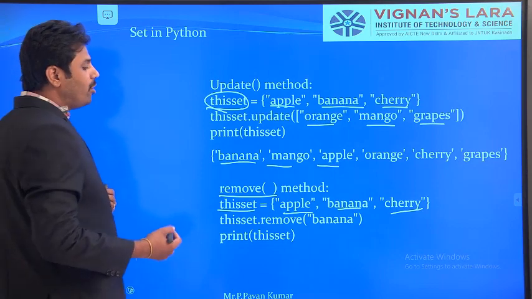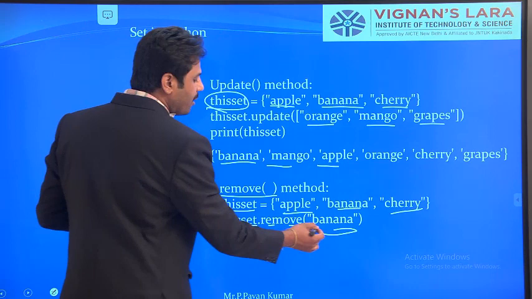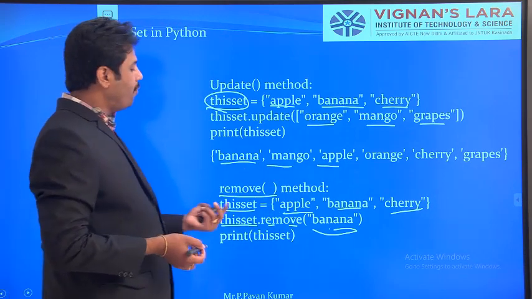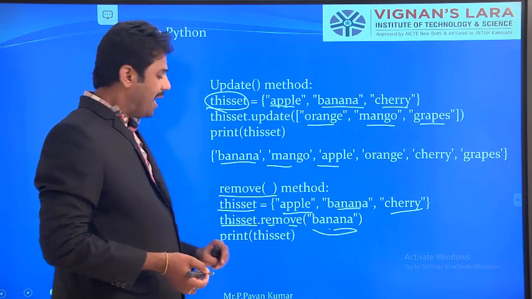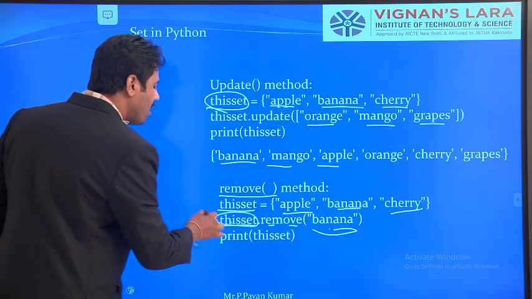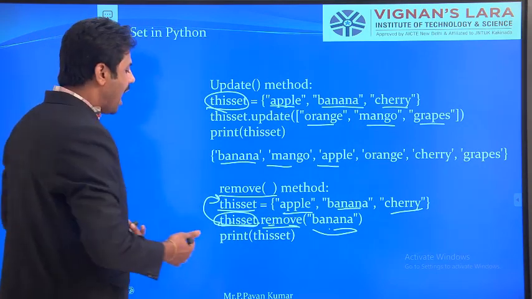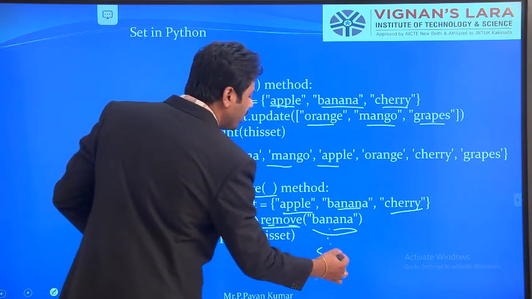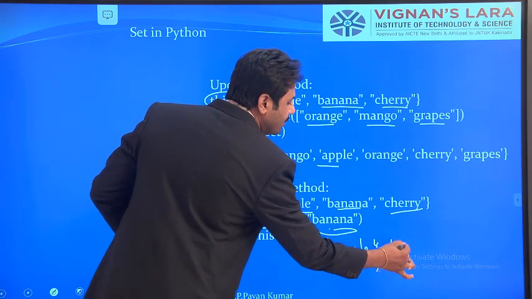If I want to remove banana in that set, you simply write this set dot remove banana. If you want to remove apple, this set dot remove apple. This set is the name of the set and remove is the method you are going to use. After that, if you print, the output is apple and cherry.